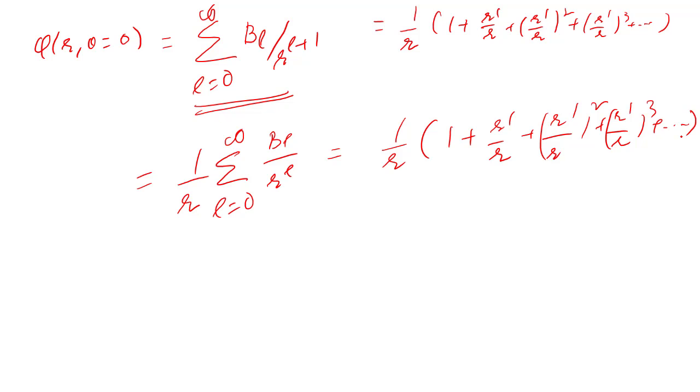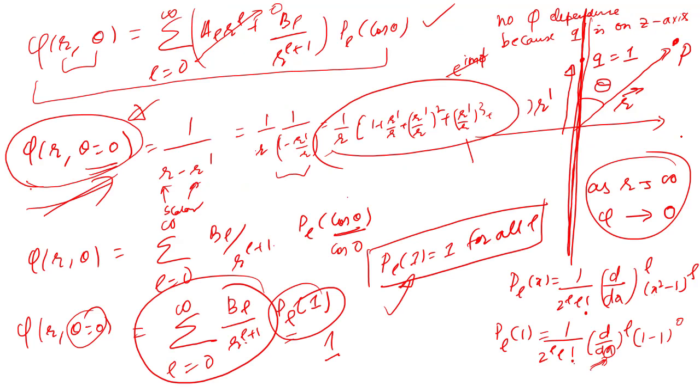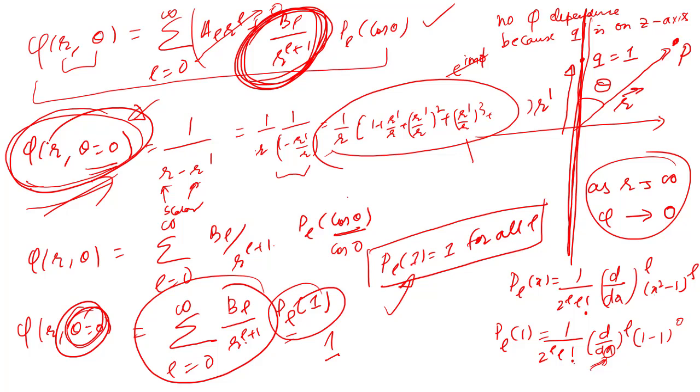We started with the general solution in spherical polar coordinates, and we applied boundary conditions, that is, that the potential should not diverge as you go to infinity. And from that boundary condition, we saw that only the B part from this term here sustains. Then we set theta equal to 0, because we derived a specific boundary condition for phi at r, theta equal to 0, that is the second boundary condition.